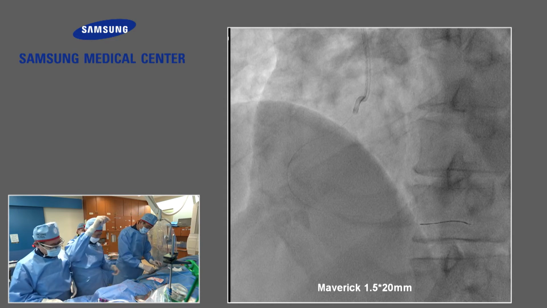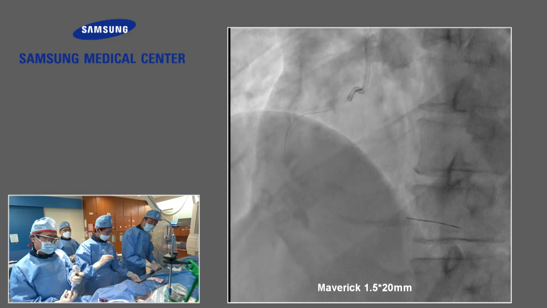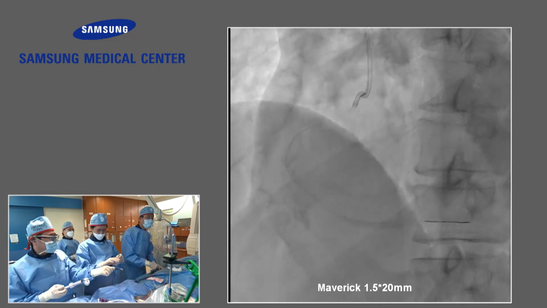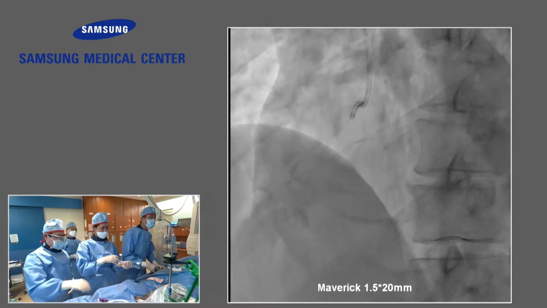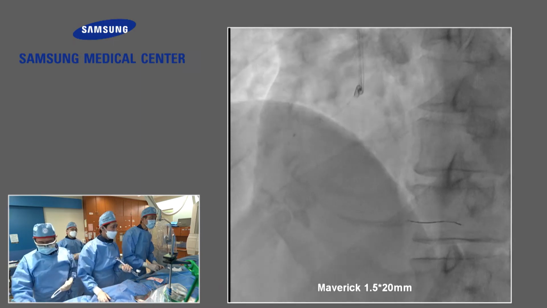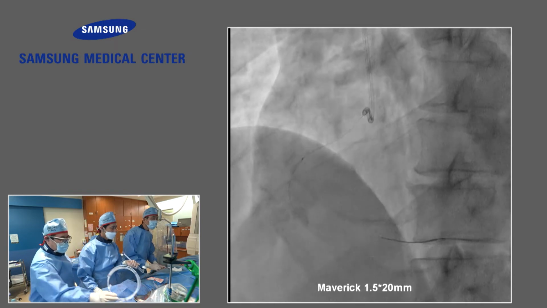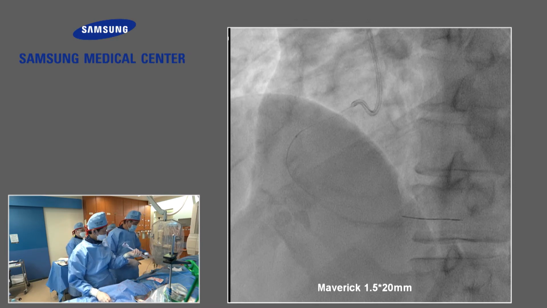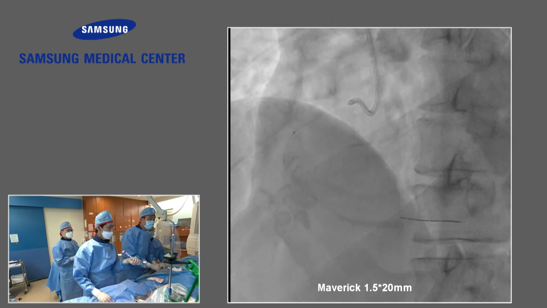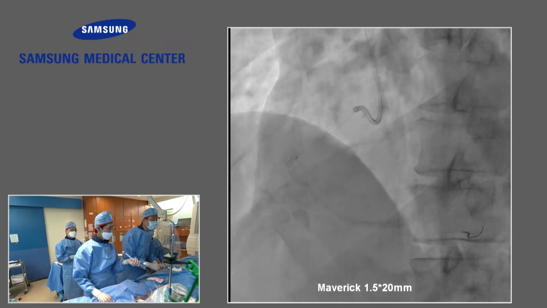Ten minutes left. The target is that I'd like to show you IVUS before you leave. Backup support is poor. Hold the guiding for me. With the deep-through wire, hold the guiding, then I push it.